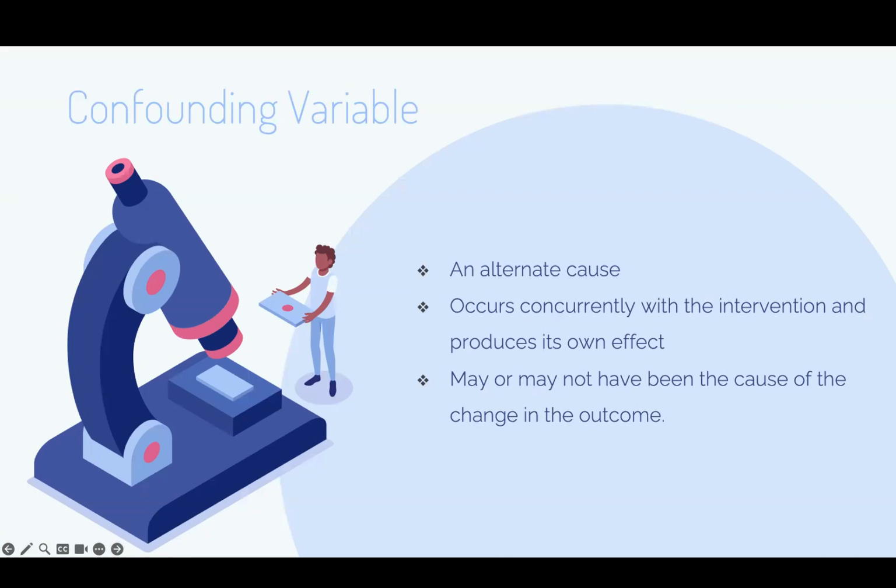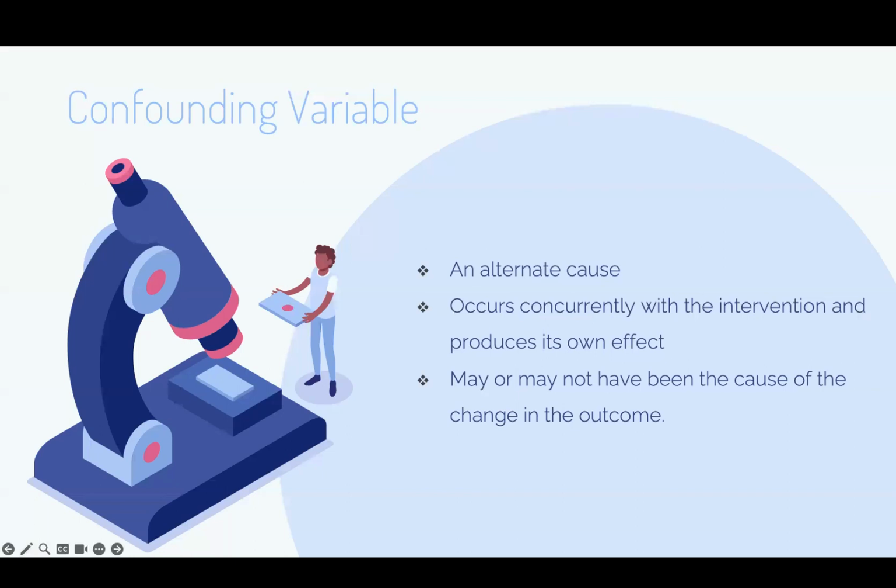Its presence introduces an additional layer of complexity, as it may produce effects that confound or confuse the relationship we are attempting to study. For example, if we are examining the effectiveness of a new educational program on improving students' test scores, a confounding variable might be the intrinsic motivation level of the students, which could independently influence their performance irrespective of the educational intervention.